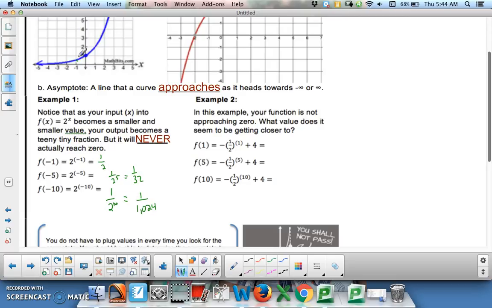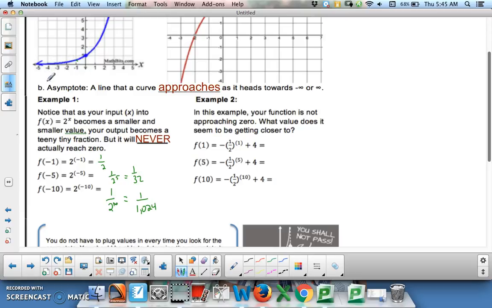Such a small fraction that it's impossible for me to show it to you on this graph unless I zoom in microscopically close, but it's still not 0. And that's going to continue to happen no matter what you do here. You're going to keep on getting smaller and smaller fractions that are never actually going to get to 0.